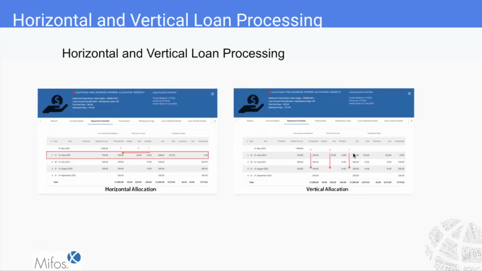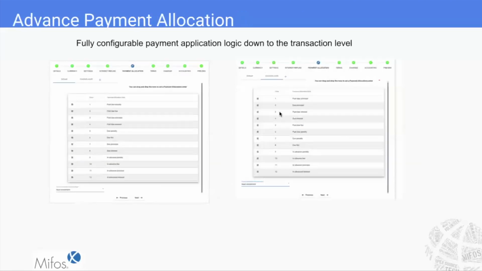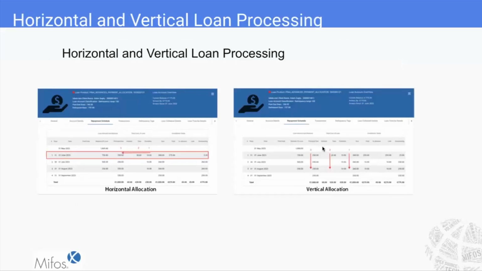When we select the vertical way, remember, as per the allocation priority what we have set before, if we set the vertical loan processing, whenever an amount is marked paid, it will start applying in the vertical fashion. Let's say when a 250 payment comes in this example, first it will look for past due amount in this first installment.